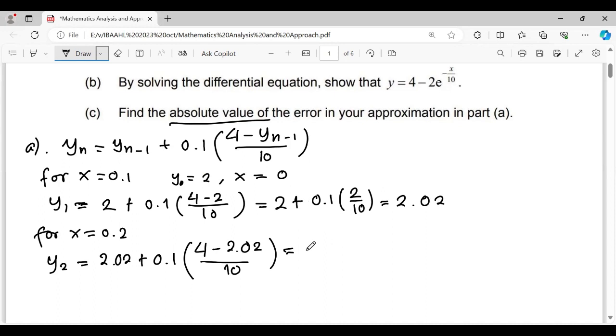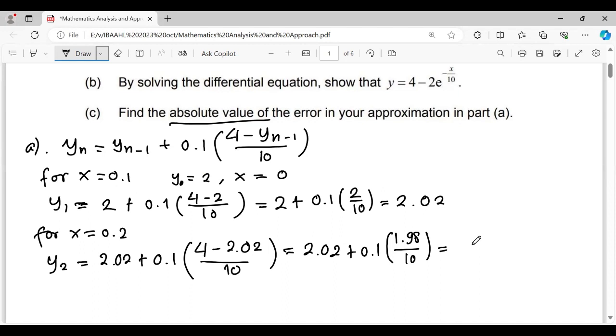Okay, and it is 2.02 plus 0.1 times 1.98 over 10.